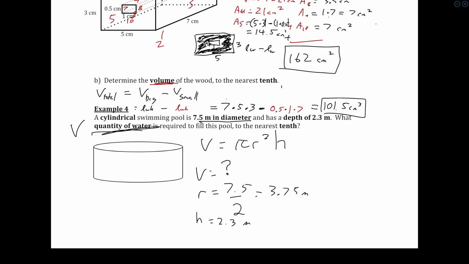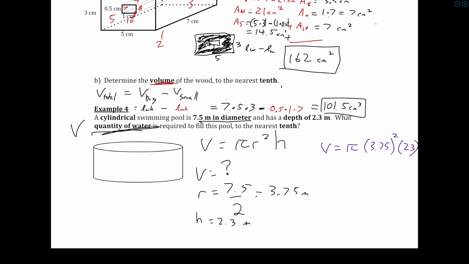Great. Okay, so volume is pi times radius here is 3.75. The most common mistake on one like this would just be to forget that the diameter is not the radius, right? You have to divide by 2. And then times depth, 2.3. How do I put this in my calculator? I go pi times 3.75. It's the part that's squared, it's not pi times 3.75 all squared.